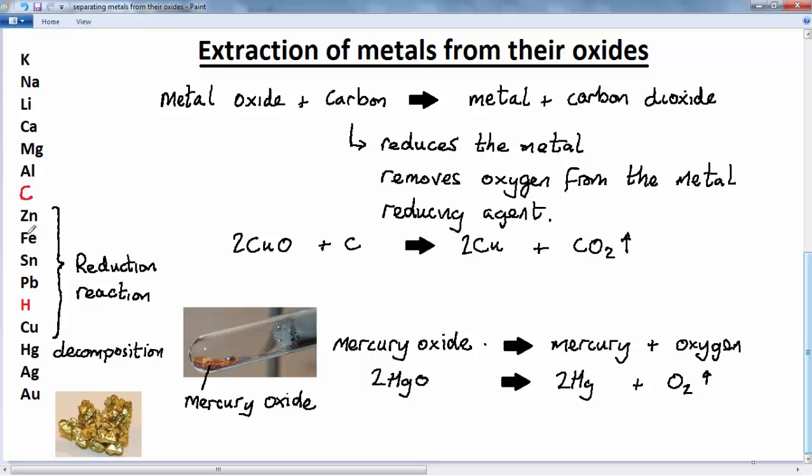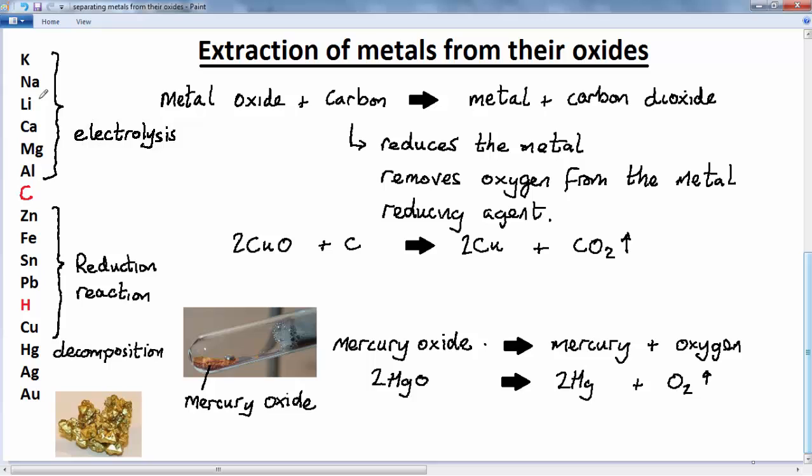Now then, if we go above carbon in the reactivity series, carbon can no longer be used to reduce these metals because it is below them in the series. So we have to employ a different technique to extract the higher metals, the more reactive metals, from their oxides or ores. And to do this, we're going to use electrolysis. And in electrolysis, an electric current is passed through the oxides in a molten state.